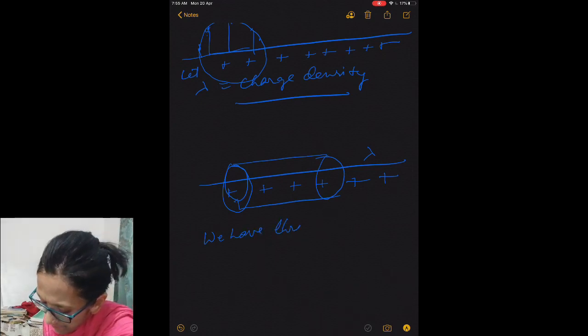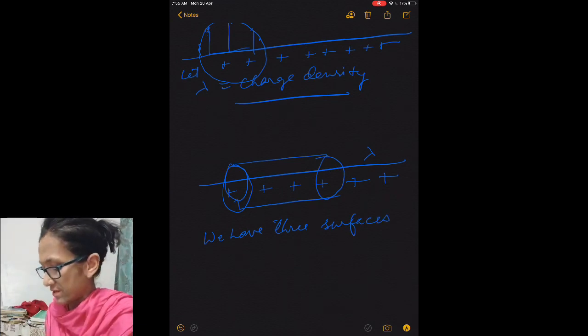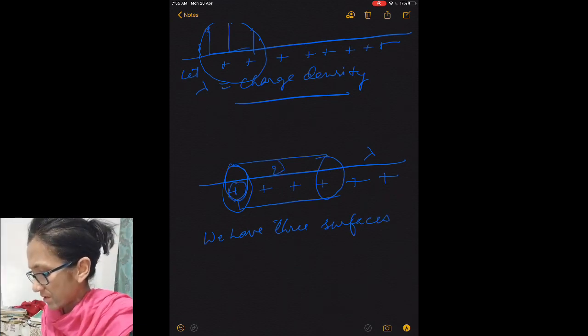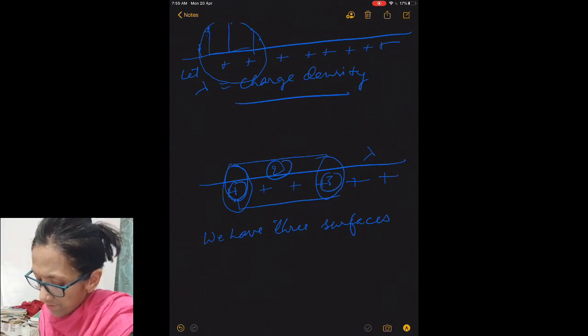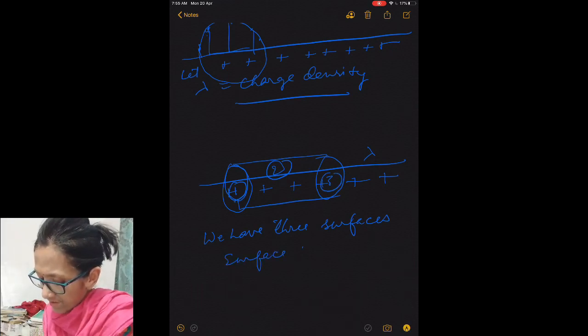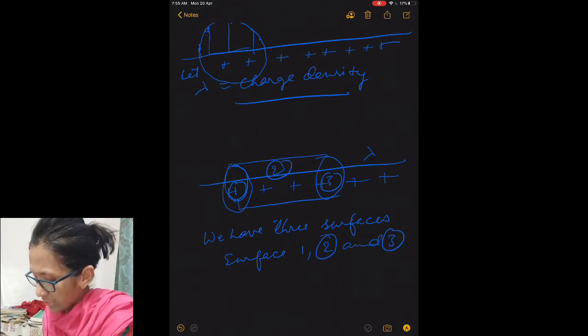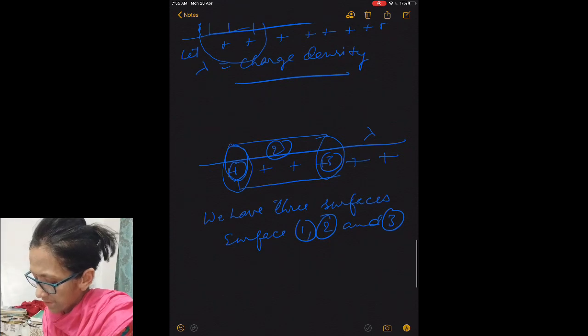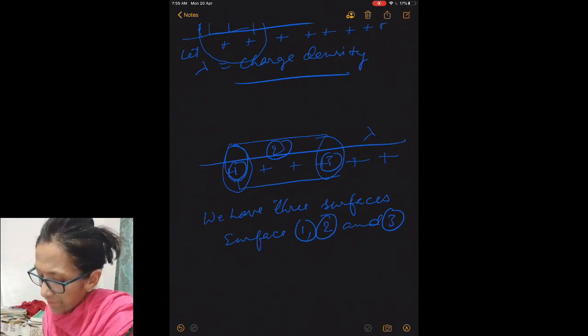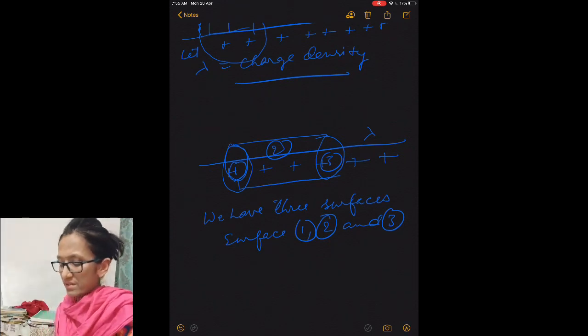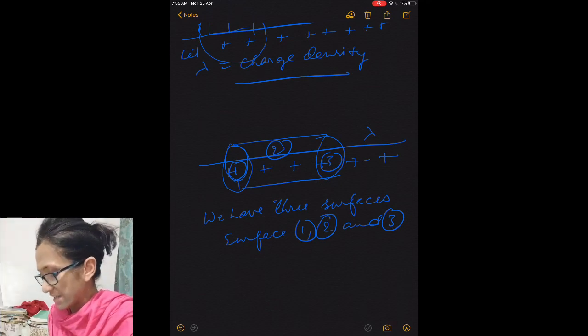So now here we have three surfaces, surface 1, 2 and 3. We will add flux due to all three surfaces.